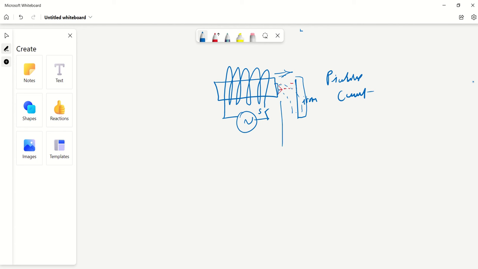Suppose this is the distance which is pulled by this electromagnetic relay. For that we need x amount of flux, which means psi of x. This psi of x flux is produced by the voltage v of x.